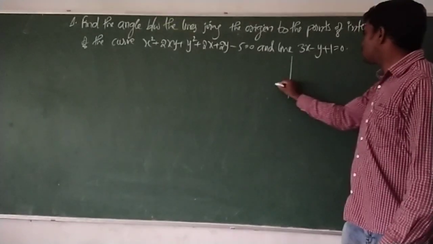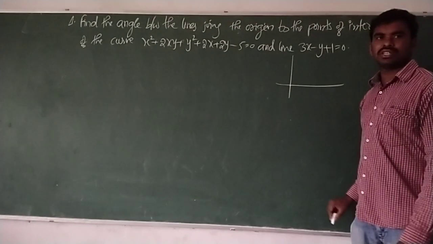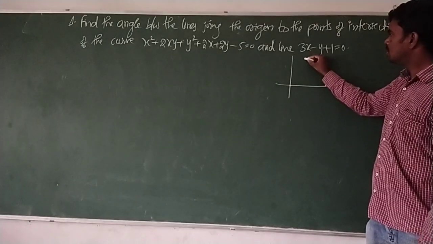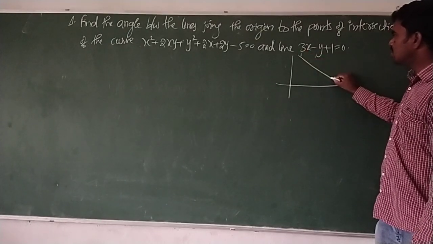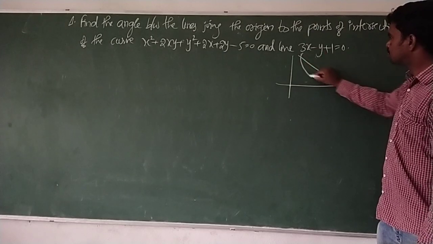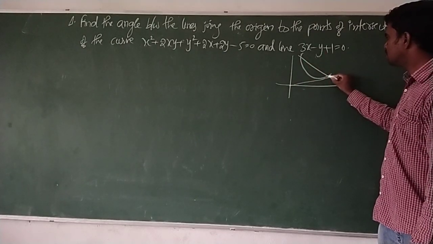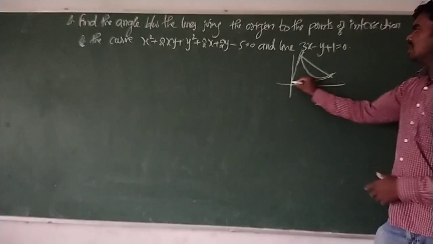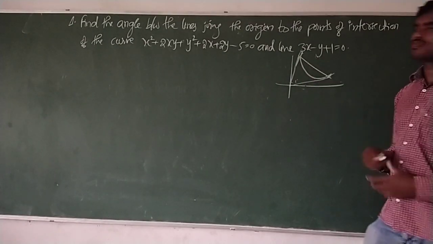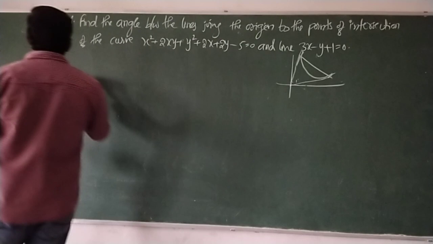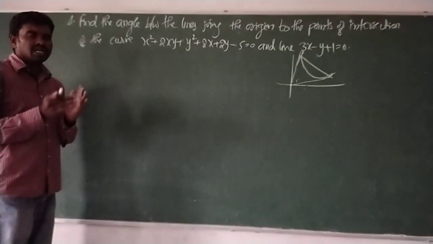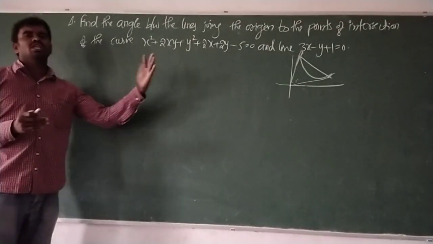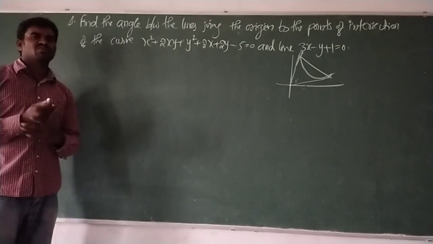Suppose this is the origin. This is a straight line passing through the origin and the curve. So what is the angle between these two? How can we find it? We have a formula: cos theta equal to modulus of (a plus b) by root of (a minus b) whole square plus 4h square.